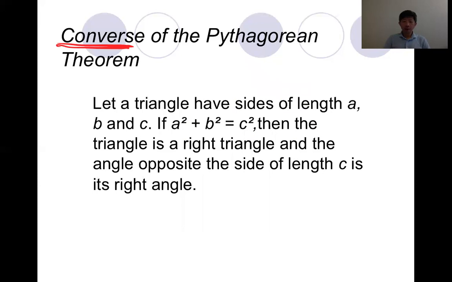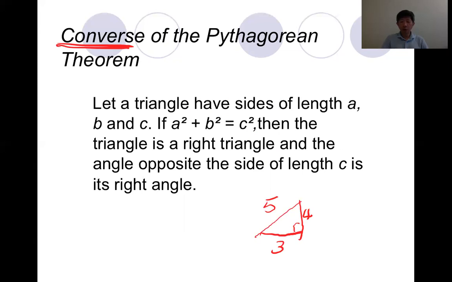Let's say I find a triangle with sides 3 units, 4 units, and 5 units, and I'm not sure whether it has a right angle or not.